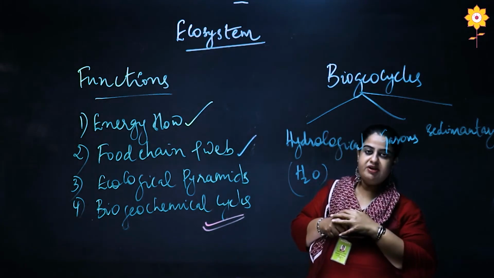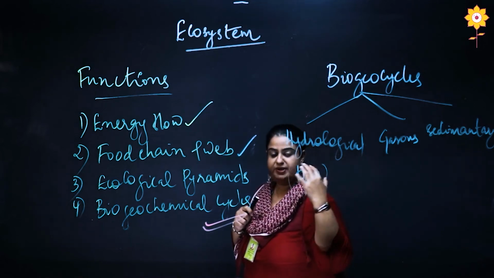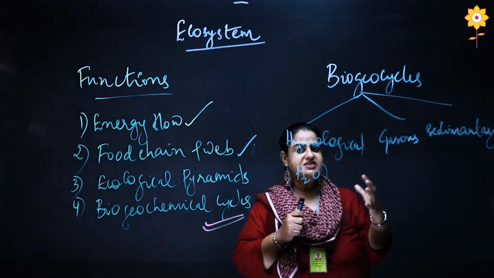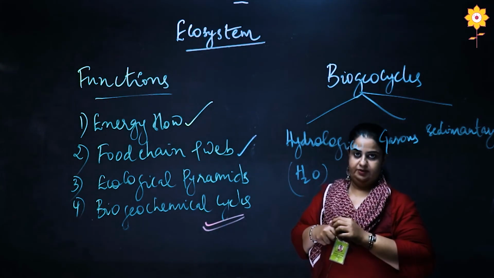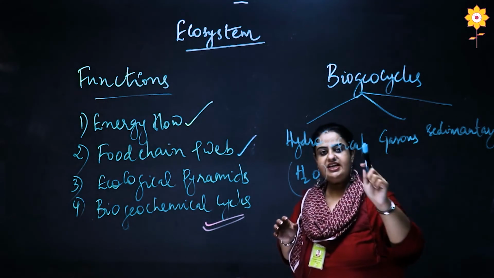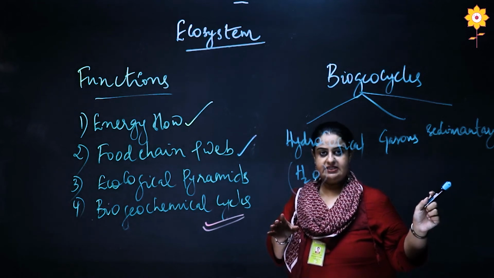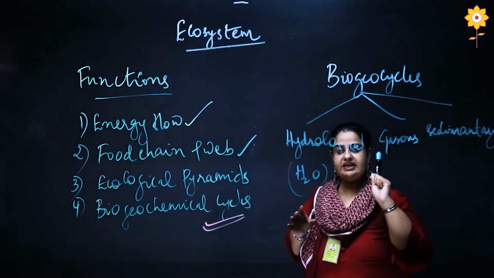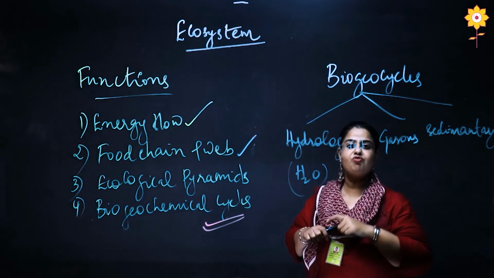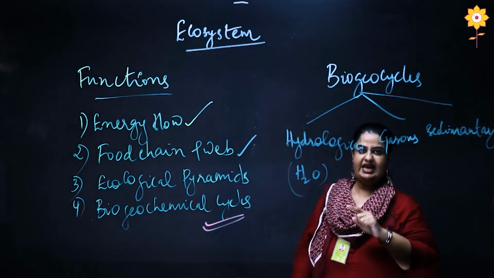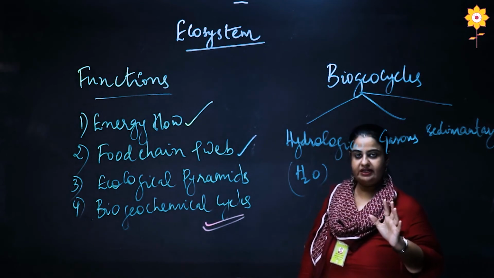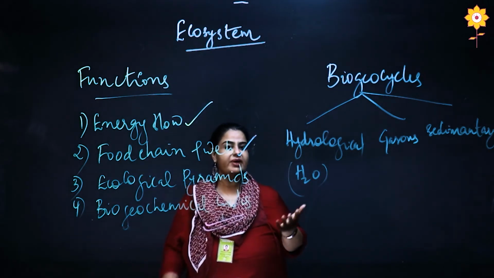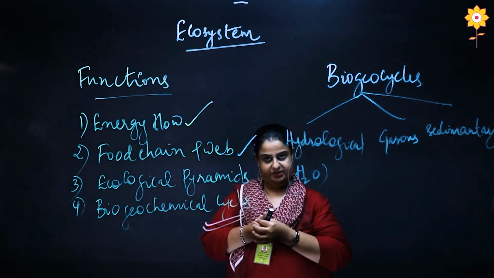And then the sedimentary cycles, which include cycles of minerals such as sulfur, phosphorus, etc., which form the mineral component of the soil. Now these three types of cycles constitute the biogeochemical cycles, which in turn help in the movement of nutrients, gases as well as water between biotic and abiotic components and maintain equilibrium of life on earth.